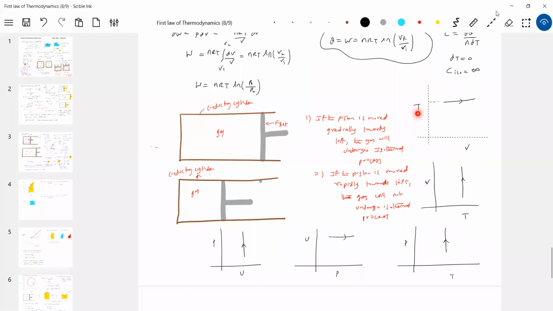In temperature versus volume graph, a horizontal line is isothermal expansion. Volume versus temperature, somebody please mute it. In volume versus temperature graph, a vertical line should be isothermal. Pressure versus temperature, a vertical line should be isothermal here.